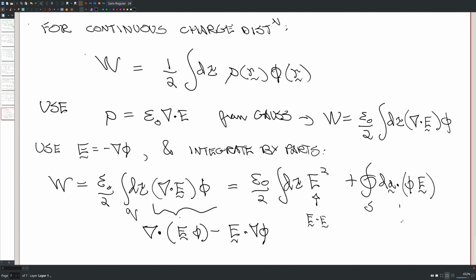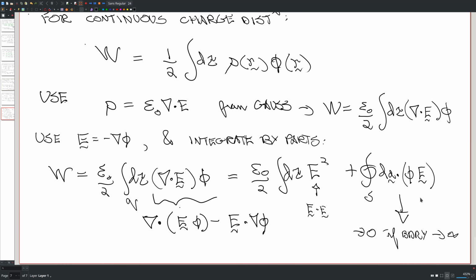So this one here can be taken to 0 if the boundary goes to infinity, because at that place my fields, my potentials vanish, and therefore this whole thing would disappear. Okay, so this expression here, maybe I should just rewrite it cleanly.